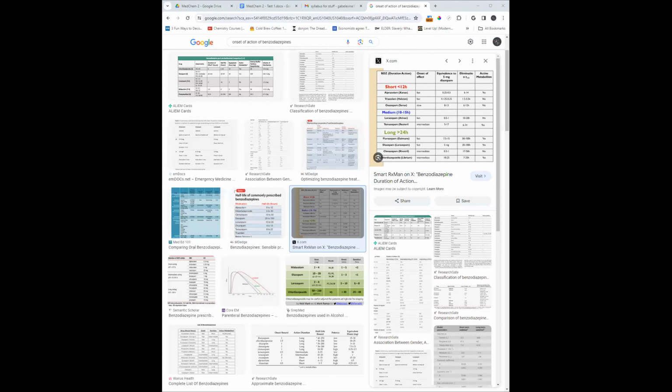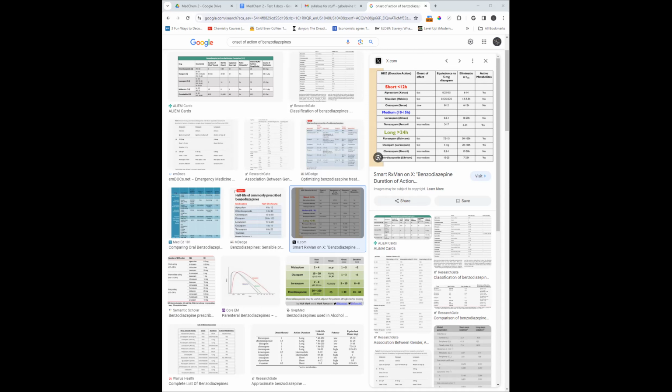What onset of action is linked to is its lipophilicity. This is actually a better chart. If we look at drugs like midazolam, which only lasts 1 to 2 hours, the onset is about 5 to 15 minutes, depending on how it's administered, versus diazepam, which is working almost immediately, 0 to 1.